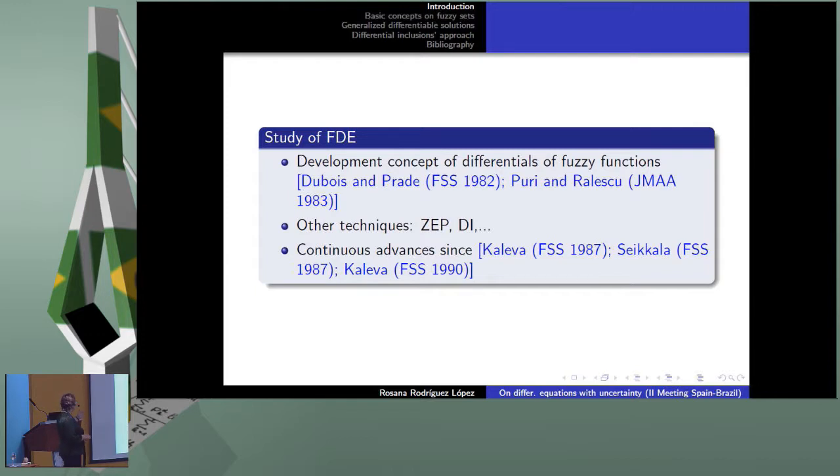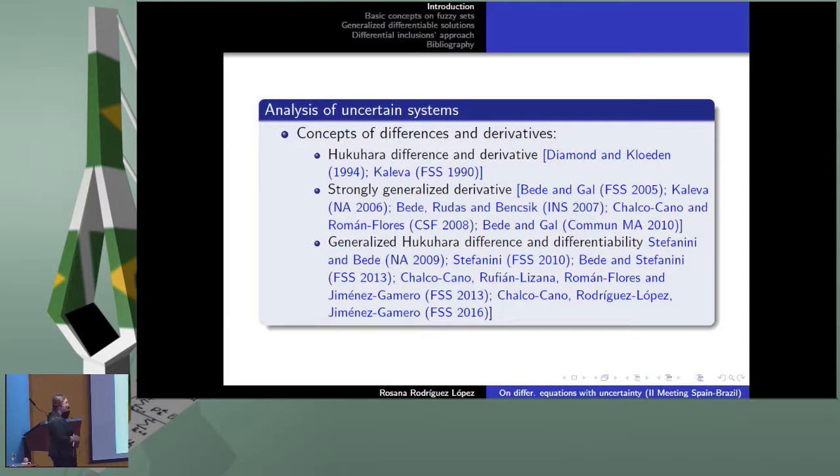The first works in fuzzy differential equations come from the end of the 80s of the last century. I will present some ideas about the H difference, or Fukuhara difference, and the corresponding derivative, strongly generalized derivative, and generalized H difference and generalized H differentiability that have been developed by several authors, as I have included there.